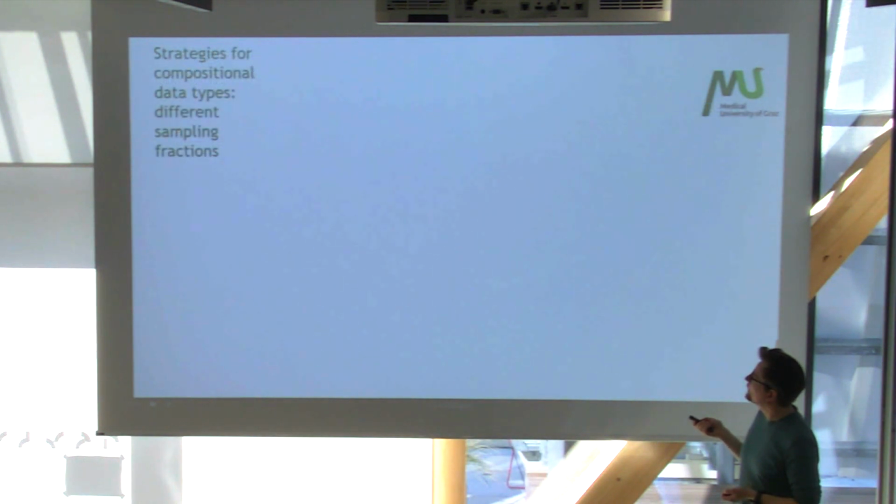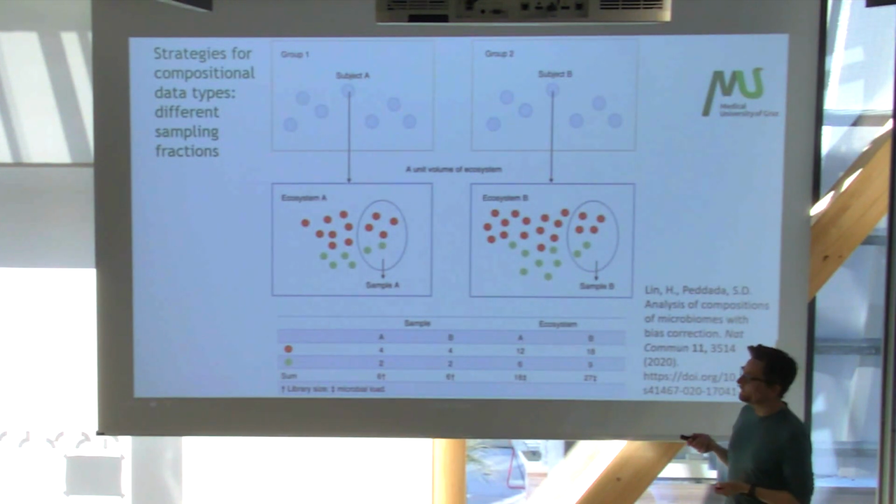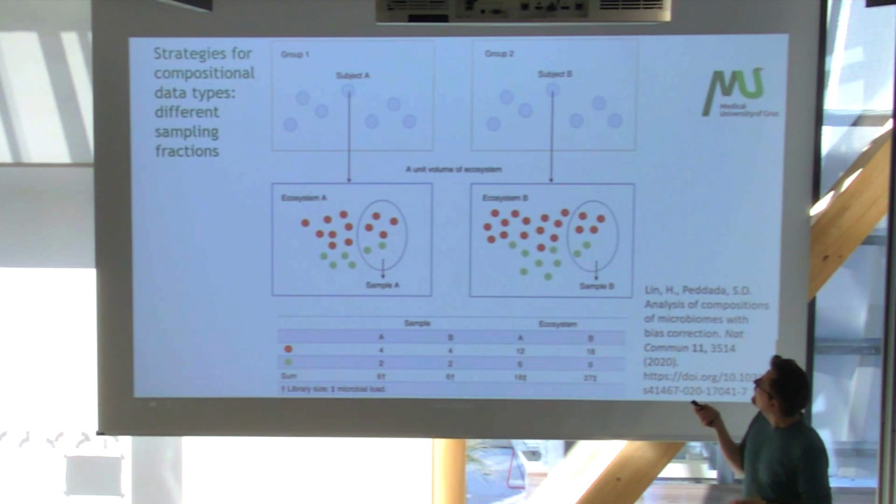What also is a problem when it comes to compositional data is the sampling fraction. So another example: we have 2 groups, meaning different groups of participants, for instance, and we have 1 subject, so 1 sample. This 1 sample would lead to 1 ecosystem, and we have 2 different species here, and this is what we sample.